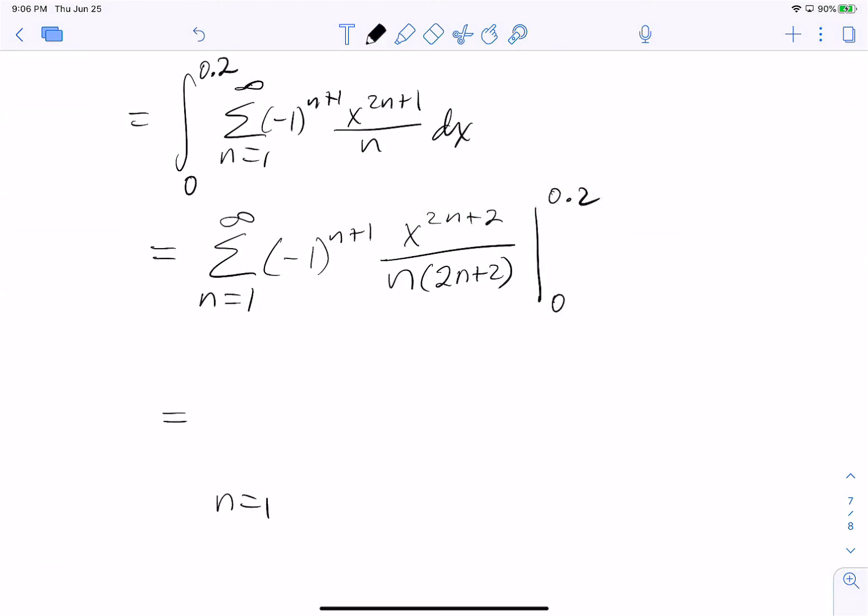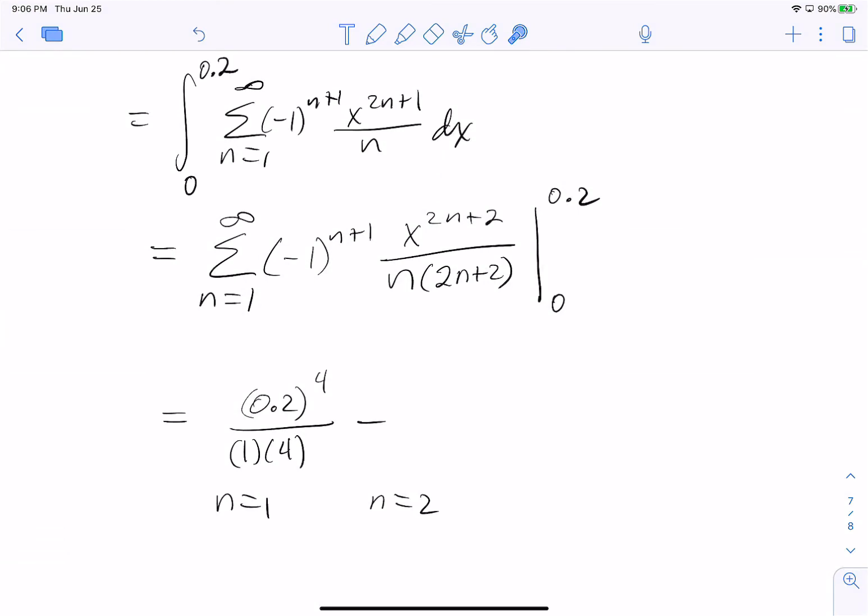So we're going to end up with 0.2 to the fourth power in the numerator. In the denominator, we have n times the quantity 2n plus 2. If n is 1, that denominator is going to be 1 times 4. When n is 2, we have negative 1 to the 2 plus 1, so that's odd. We have a minus term.